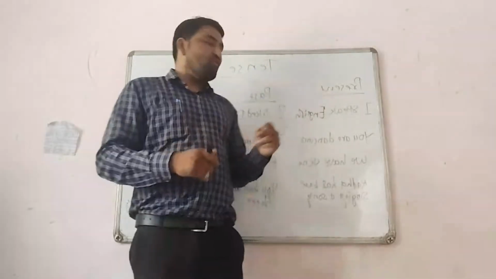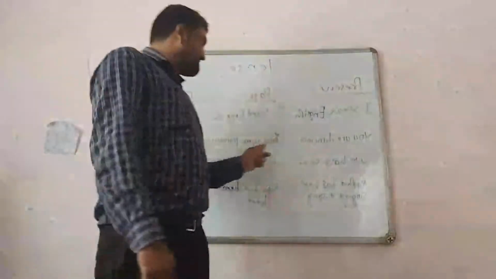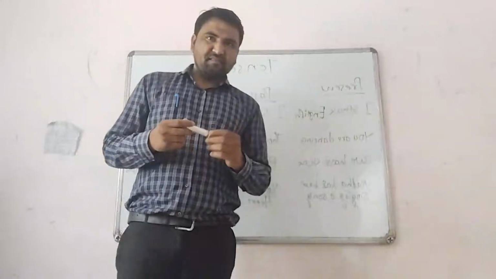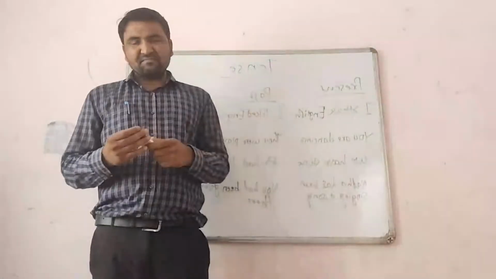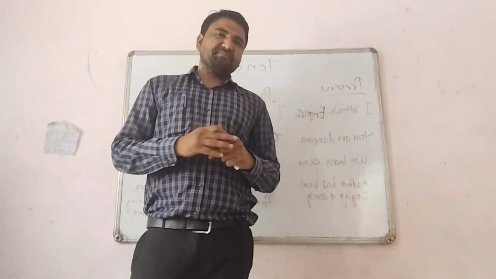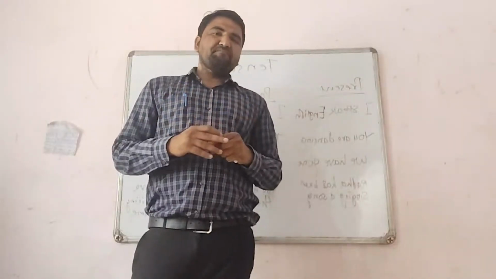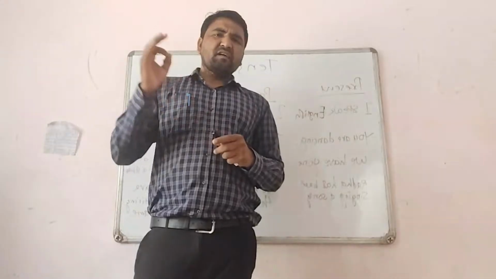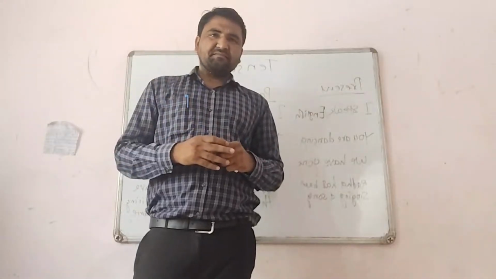Then move on to the next type, that is past perfect tense. What is past perfect? My dear students, past perfect tense is nothing but an action which had been completely done in the past.